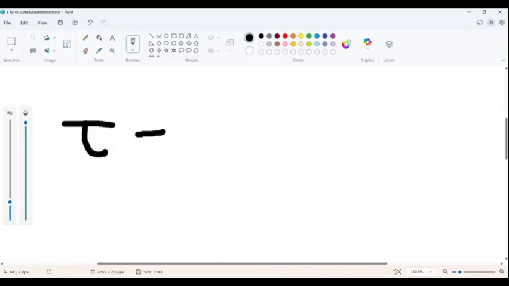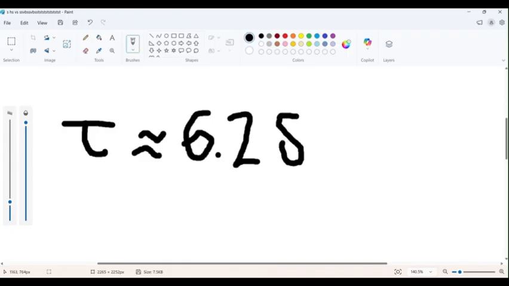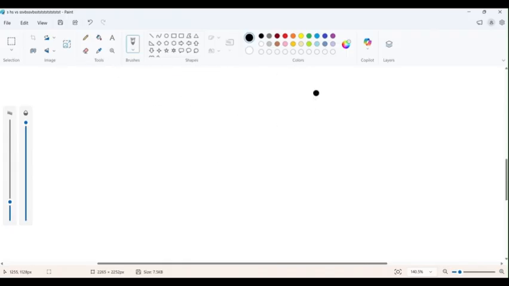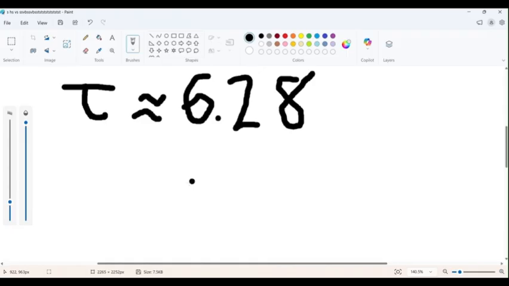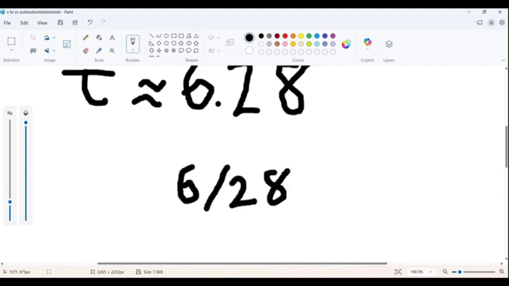And if you don't know, Tau Day is about 6.28. And today is 6-28.